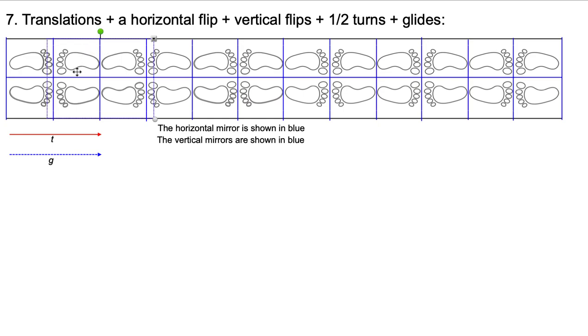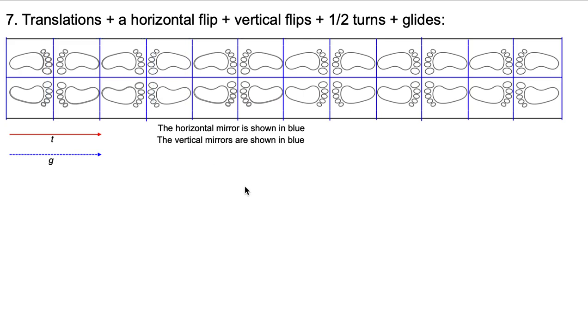If I look at this set of 4 feet, I can rotate them in a half-turn rotation, and they land on themselves. And the rotocenter is the intersection of the vertical mirror with the horizontal mirror. And when I do this rotation, it turns out that this whole half of the strip will land on that half, and that half of the strip will land on this half.